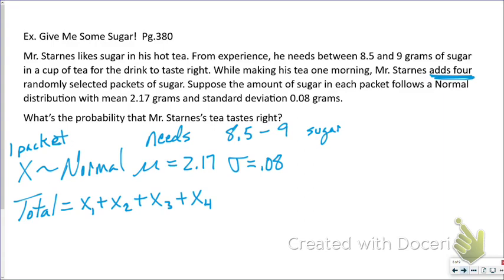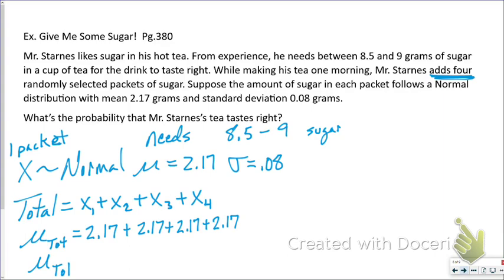Now the mean, when we calculate the mean for the total, it is going to be 4 times 2.17. But that's because 2.17 plus 2.17 plus 2.17 is the same as 4 times 2.17. So you're safe there. You would get the right mean, which is 8.68.